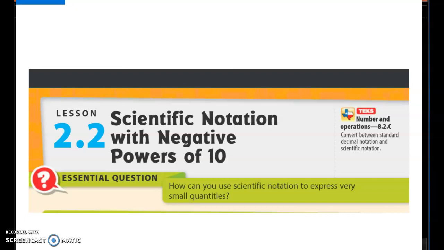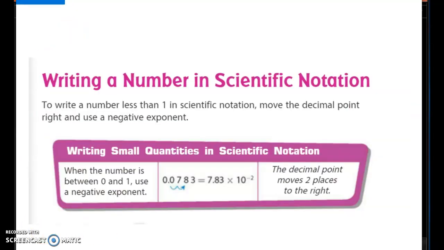Okay, so if we look at this first example here, it shows us that to write a number that is less than 1 in scientific notation, we're going to move the decimal point right and use a negative exponent. So when we are trying to describe numbers that are so small, and again, scientific notation is dealing with basically, as the title says, the sciences.